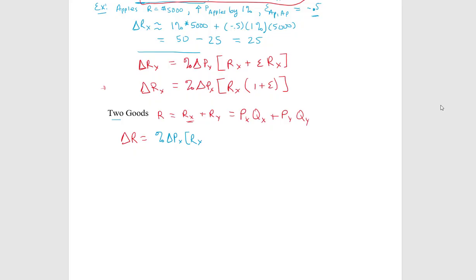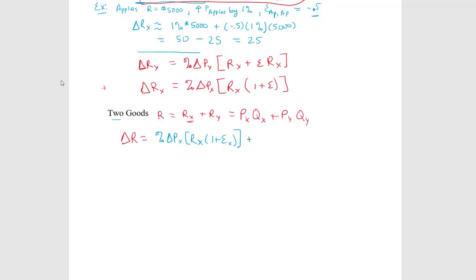So I've got the percentage change in the price of X times the revenue times 1 plus that elasticity of X with regard to its own price. That's that first piece. The other piece of this is the part that has to do with Y. So how does the revenue for Y change when the price of X changes?